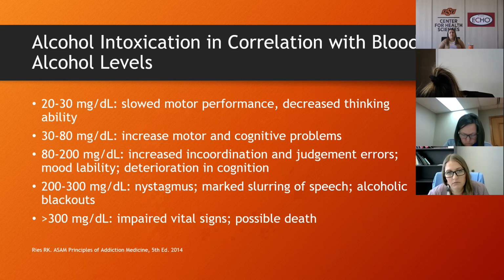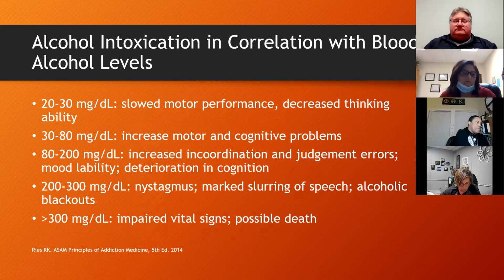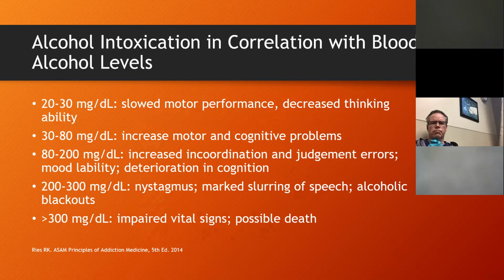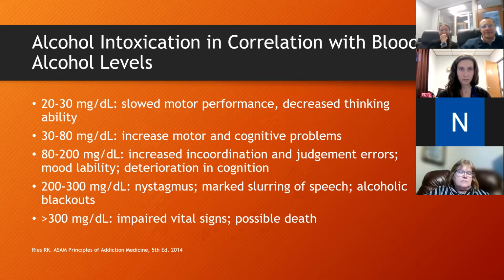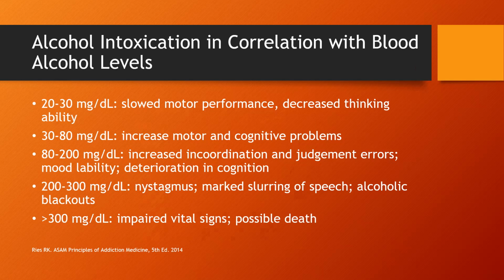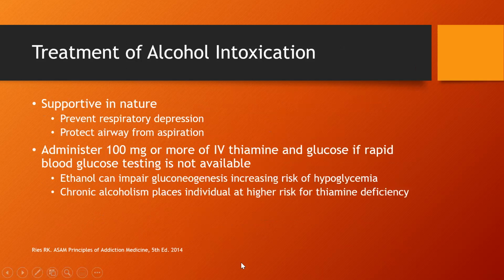The numbers and these symptoms won't match up. So for instance, I've seen patients who are in the 200 to 300 milligram per deciliter range, where most of us would be blacked out or can barely even talk, who can sit and have a conversation with me because they've had time to build tolerance to that alcohol. And I won't read this again because we just looked at it last week, but it's there for your review. Next slide, please.